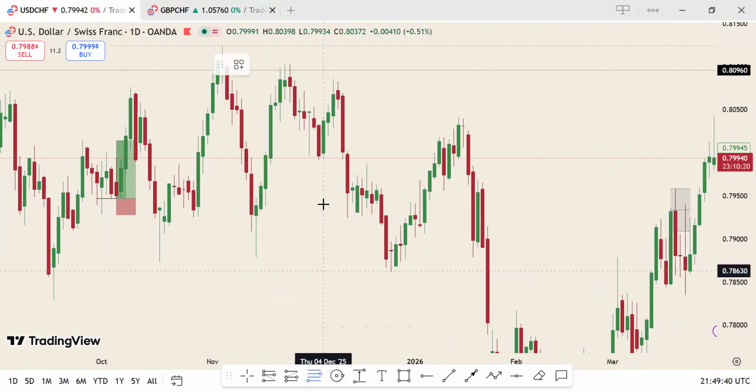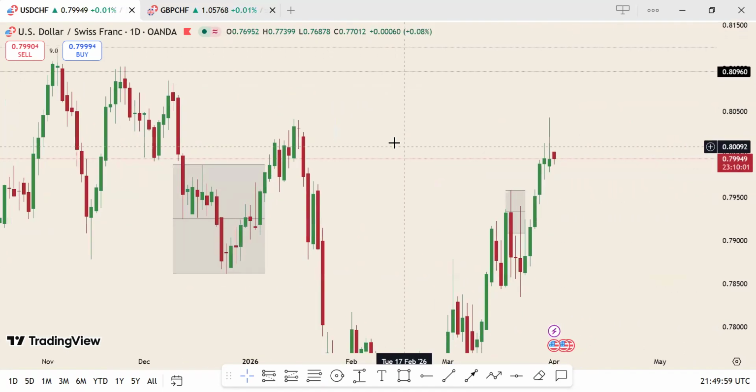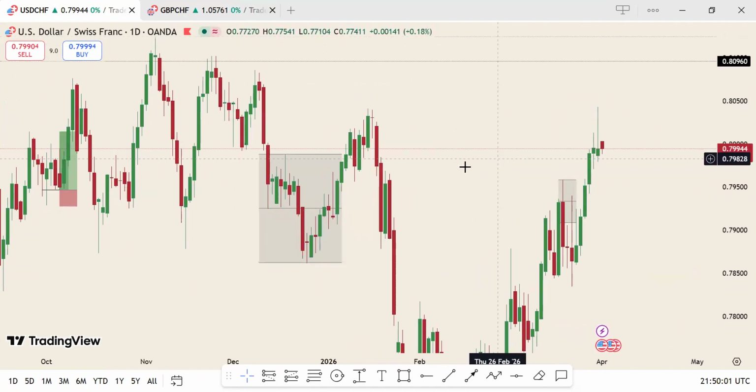So I'll measure it now, from the high that was broken to my protected low. You guys tell me, is it in the 50%?